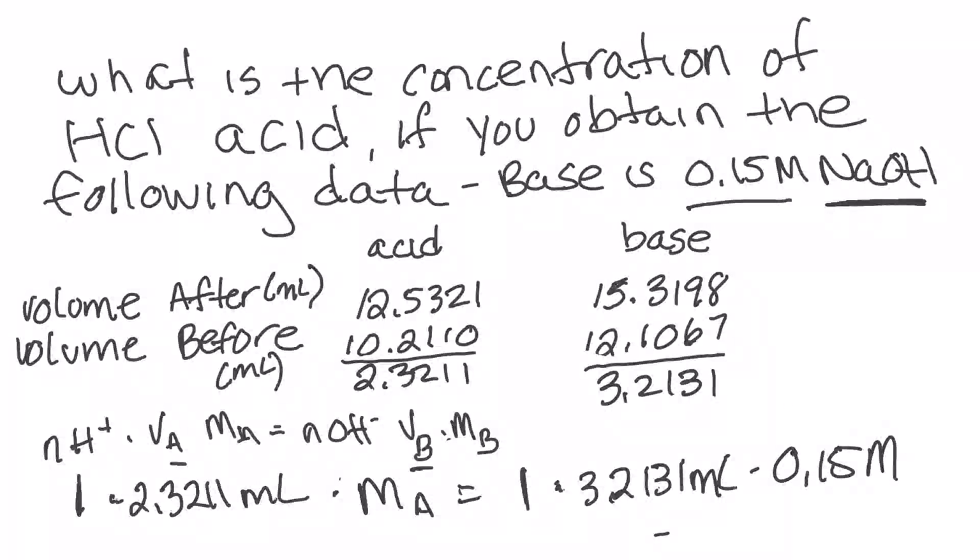So now I just have to rearrange this equation and solve for the molarity of the acid, which happens to equal 0.2076, but I can only have 2 sig figs, so 0.21 molar.